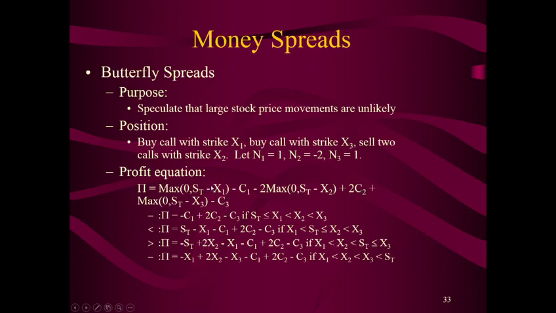Okay, payoff of call 1, payoff of call 2, payoff of call 3. Okay, and 2 here because you sell 2 calls, right? This is your NC. Okay, this is 1, this is 2, this is 1. Okay, buy 1, sell 2, buy 1. Okay, so work out your profit formula.